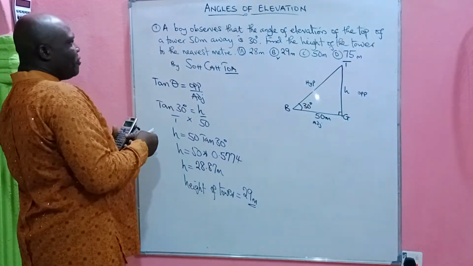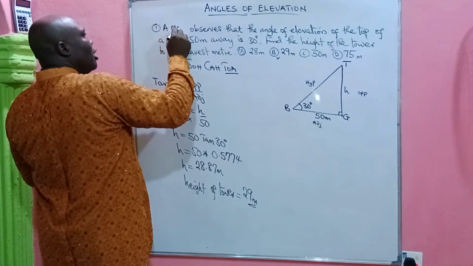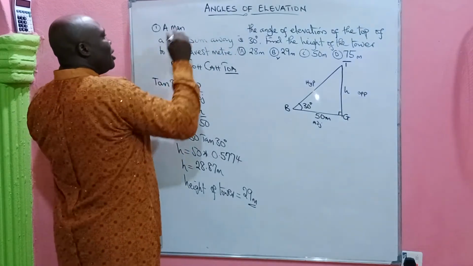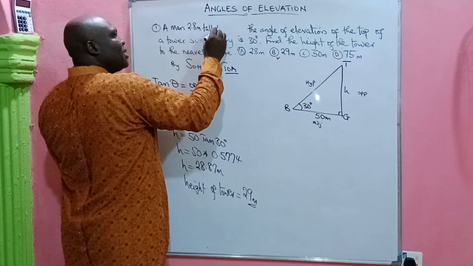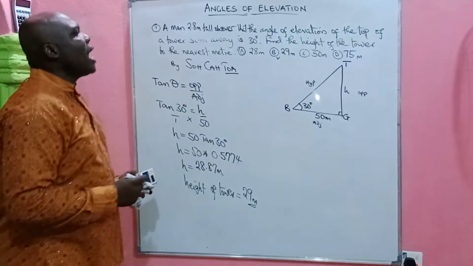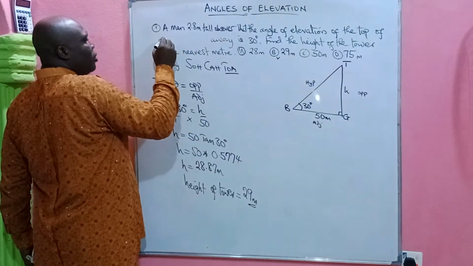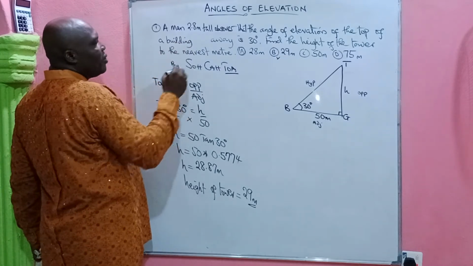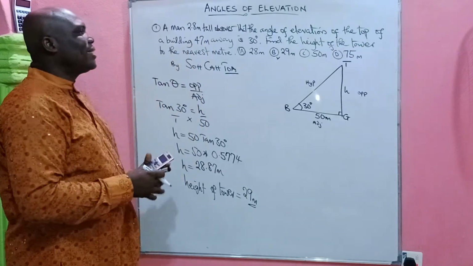All right, so let's rephrase this question. Let's say, for instance, a man, let's say the man is 2.8 meters tall, observes that the angle of elevation of the top of a building 47 meters away is 30 degrees.